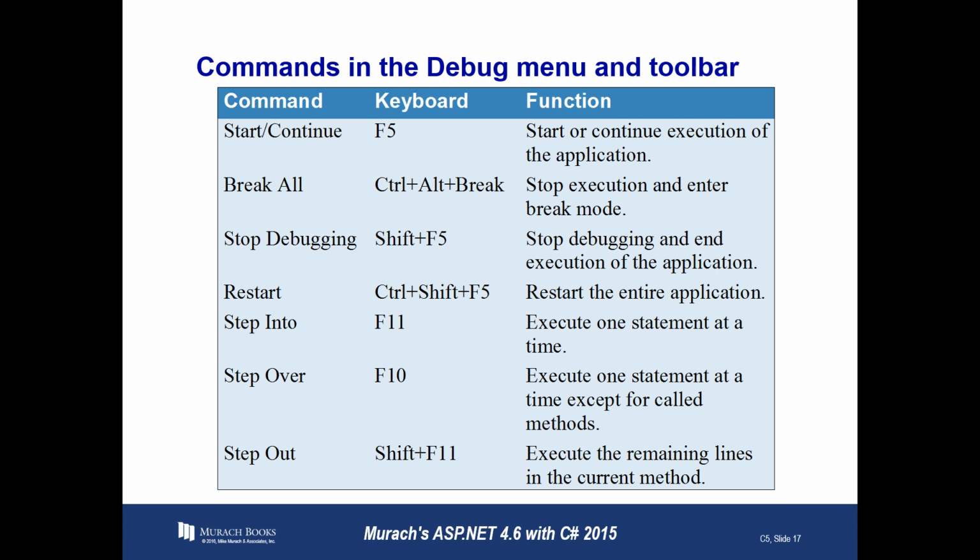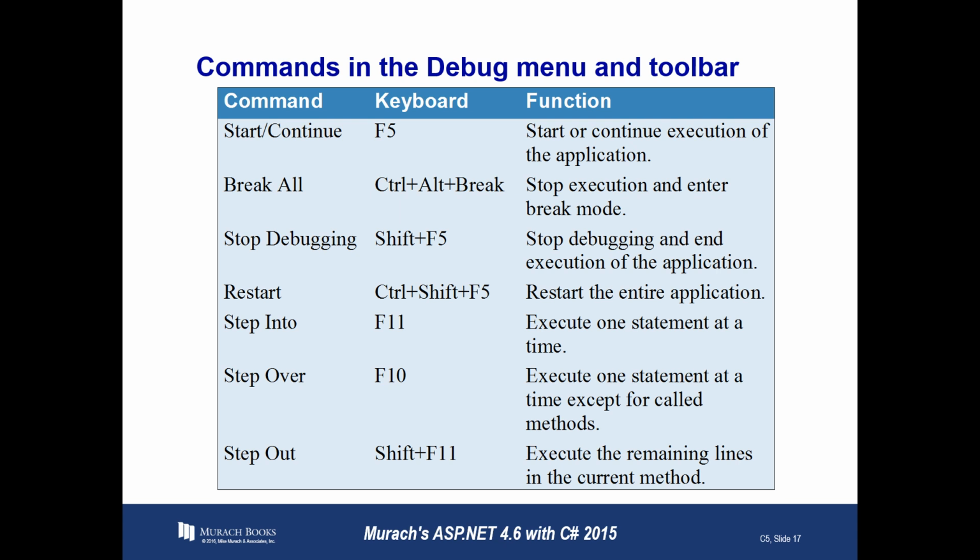So, if you want to start running your application, you can click F5, and I already showed you that. If you had stopped the application for a breakpoint or whatever, you can hit F5 again to start it back up and running.